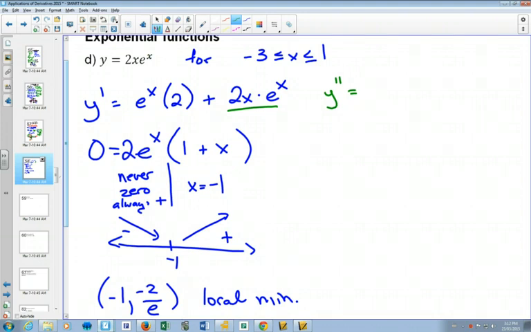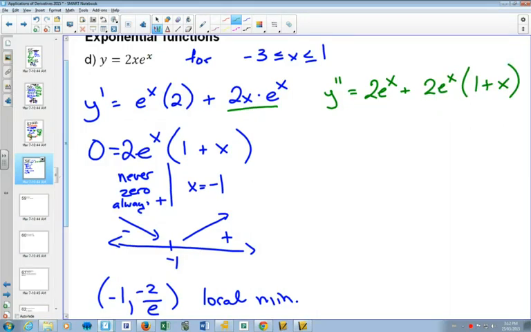So when I do my second derivative, I've got to do the derivative of this, and that's going to stay the same, plus my derivative of this is the derivative that I had to begin with. I'm just going to rewrite the factored form that I had already.